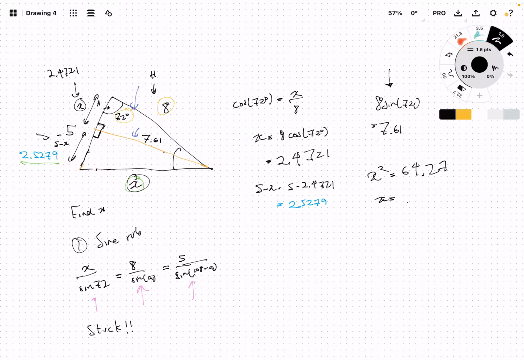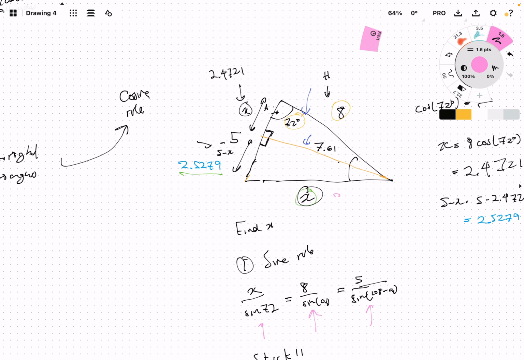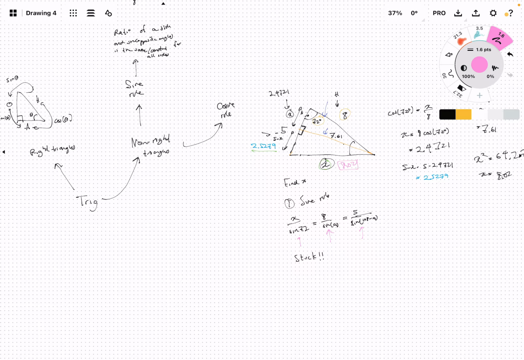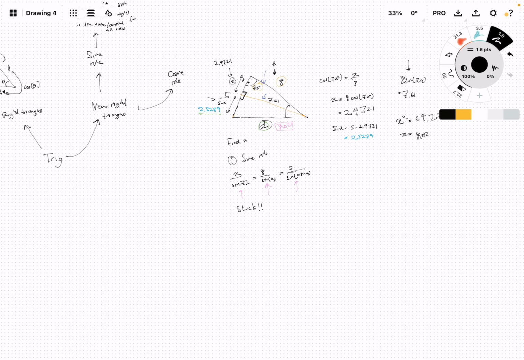Yeah, x is 8.02. So you can say x is about 8 as well. Now that works, but again, very annoying and long construction. Is there a shortcut?